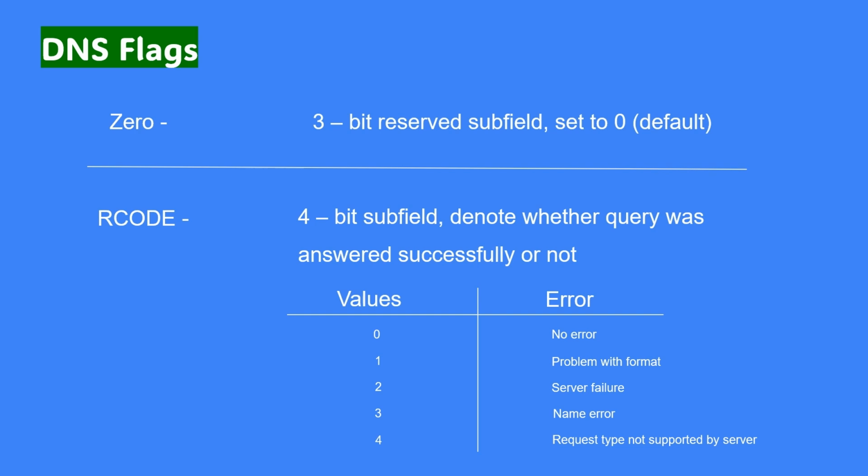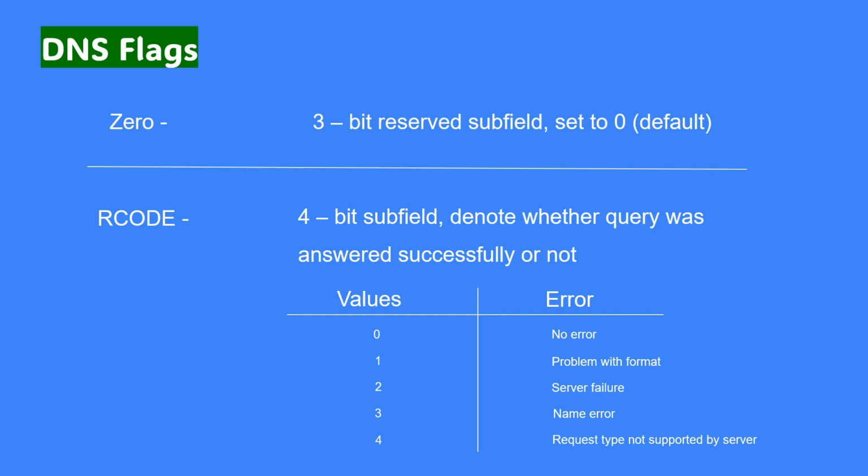So next is R code. R code is a 4-bit subfield, and this is again one of the most important flags after the truncation. It is going to denote whether the query is answered successfully or not, and we achieve that by its value.